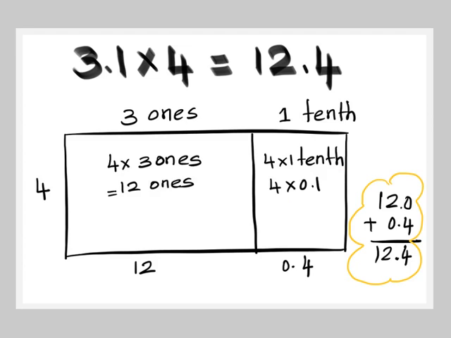And finally, when you find out the area for this rectangle, 12 is the area of this rectangle and 0.4 is the area of this rectangle. So finally you have to add the values of the area of the two rectangles, which is 12 and 0.4. You get 12.4.